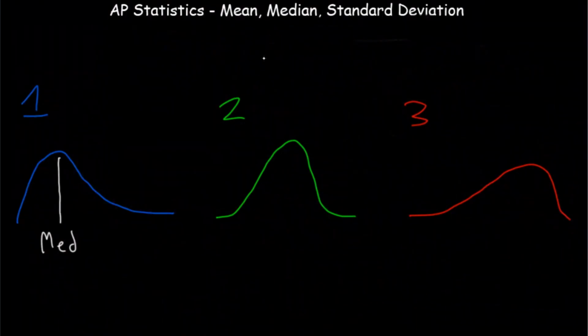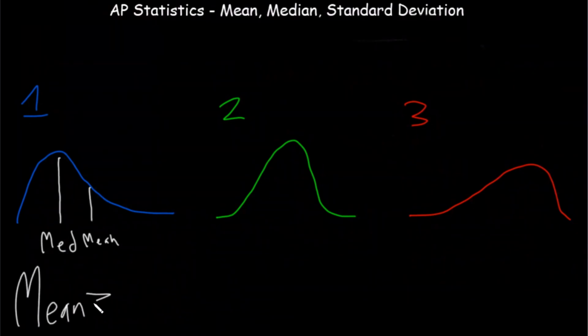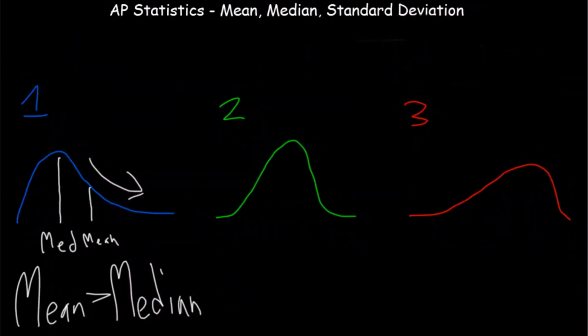Whereas the mean is like you add 1, 2, 3, 4, and 5 together, and that would get you 15. Then you divide it by 5, which is the amount of numbers in that distribution, and you get 3 as your average. And in this case, say the mean is right here. In this case, the mean is greater than the median. So when the data is skewed to the right, the mean is greater than the median.